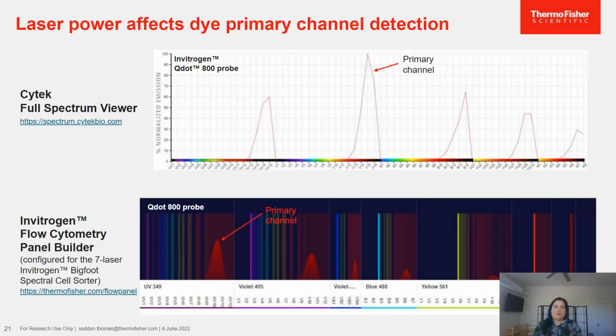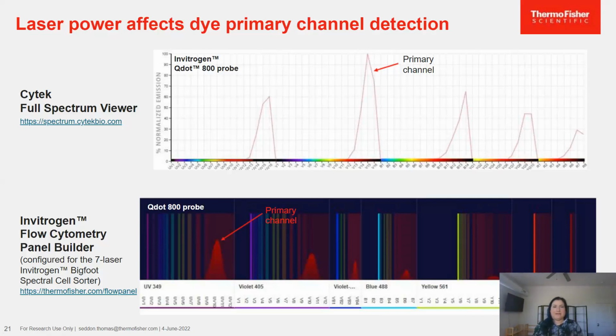However, the Aurora has a 20 milliwatt laser for the UV and a 100 milliwatt laser for the violet, so 5 times as much. So instead of showing up in the UV as the primary channel, the primary channel shows up in the violet, and that's really related to the lasers and how this is detected.